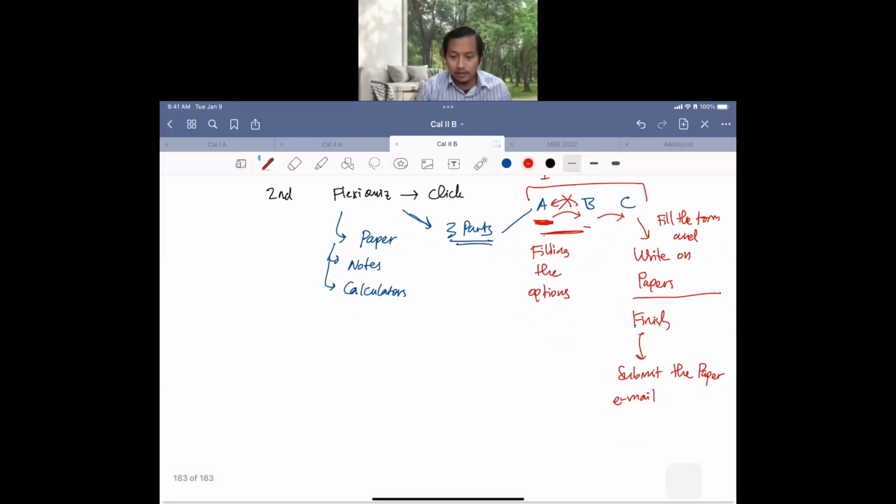And you need to make the subject of your email as your student ID, or in the front, final exam, and then student ID.